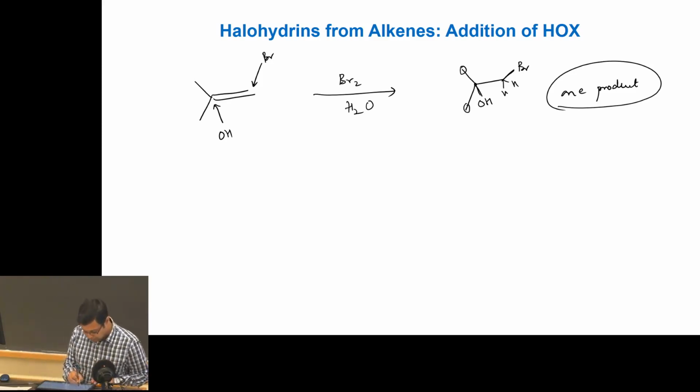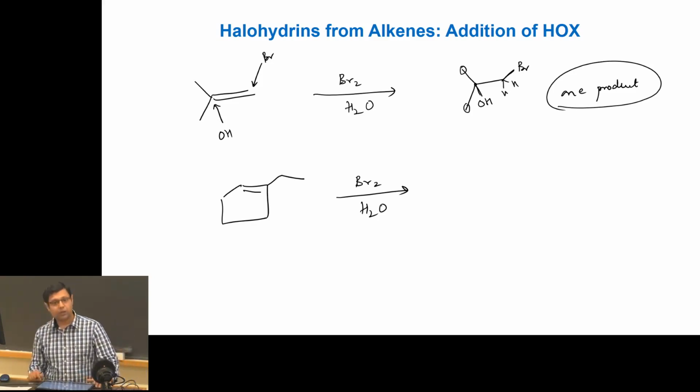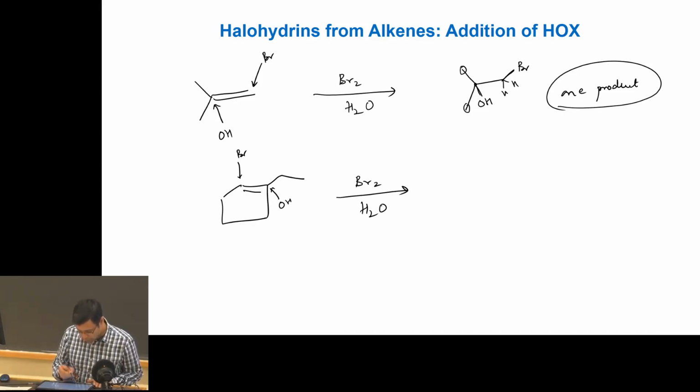All right. Let's take another example. Halogen goes to the less substituted carbon. OH goes to the more substituted carbon. Now this is a ring compound, so you have to show the stereochemistry. You can form the halogen up here, which means the OH will be down.